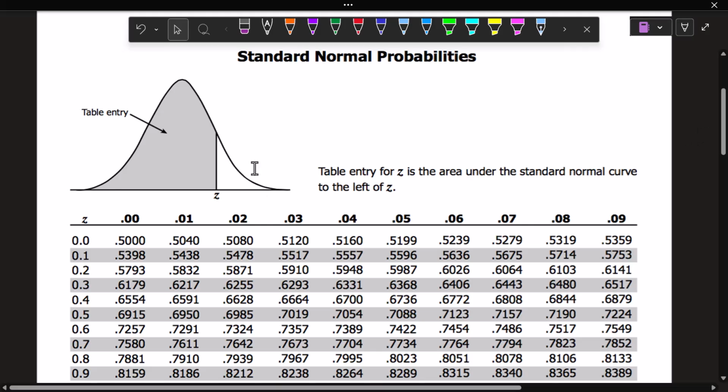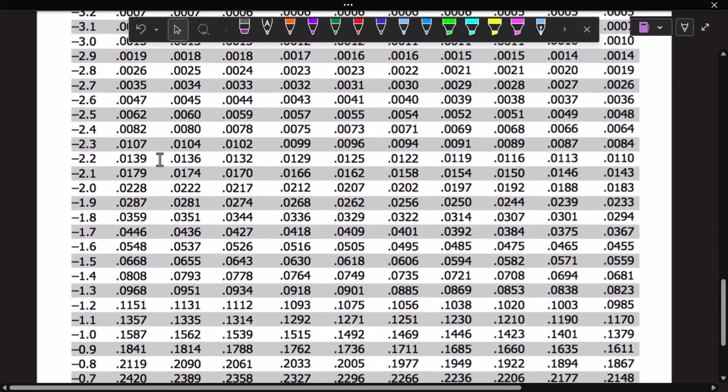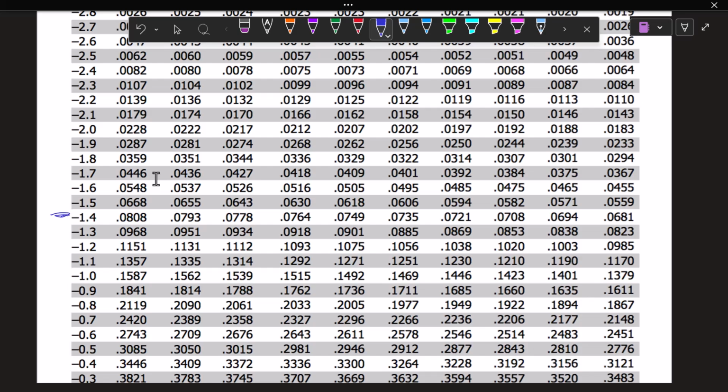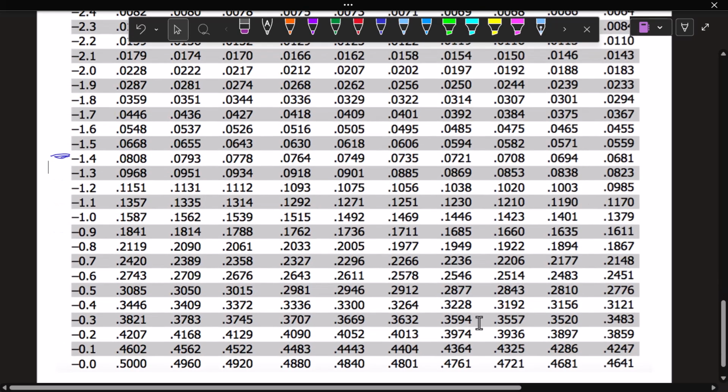And all of these are the area to the left. All of them. So that's what we're looking for. So we go to negative 1.49. So negative 1.4. And then we have to go to the 0.09 column, which of course is the last number.